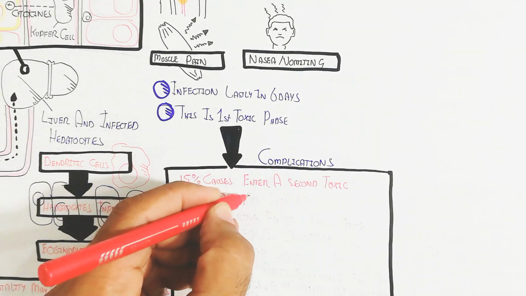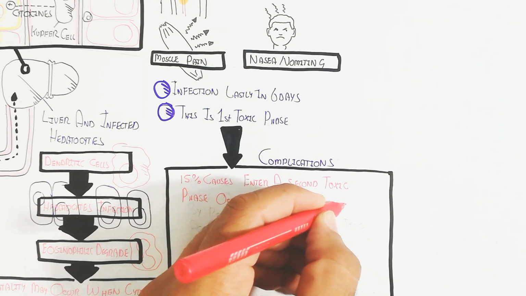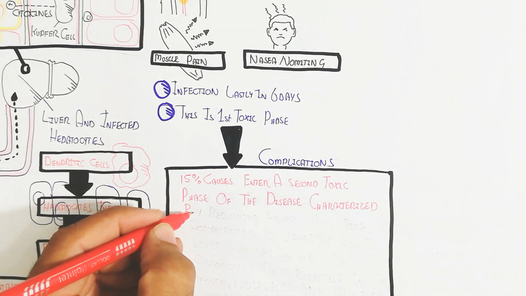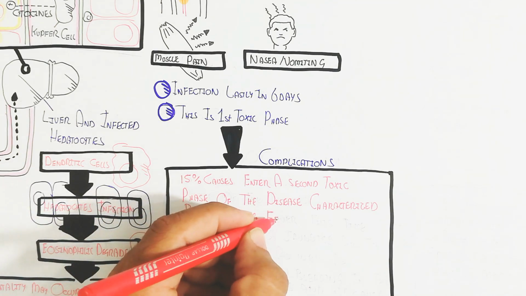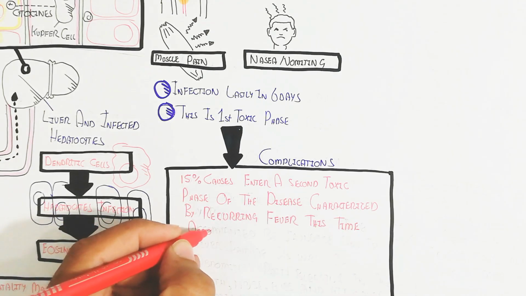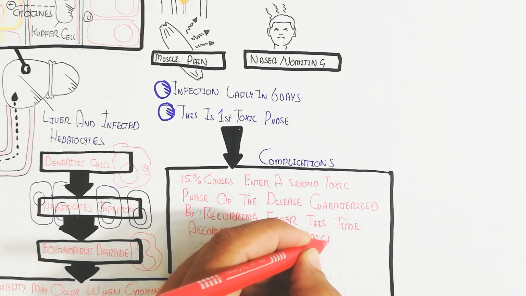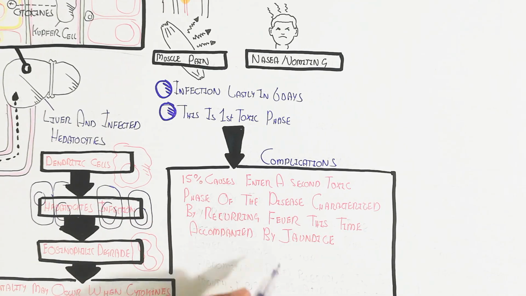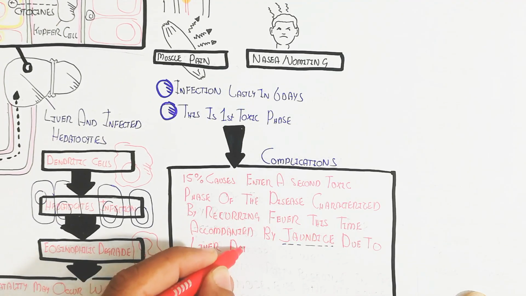In about 15% of cases, the disease enters a second toxic phase, characterized by recurring fever, this time accompanied by jaundice due to liver damage, as well as abdominal pain and bleeding in the mouth, nose, eyes, and the gastrointestinal tract, GIT.